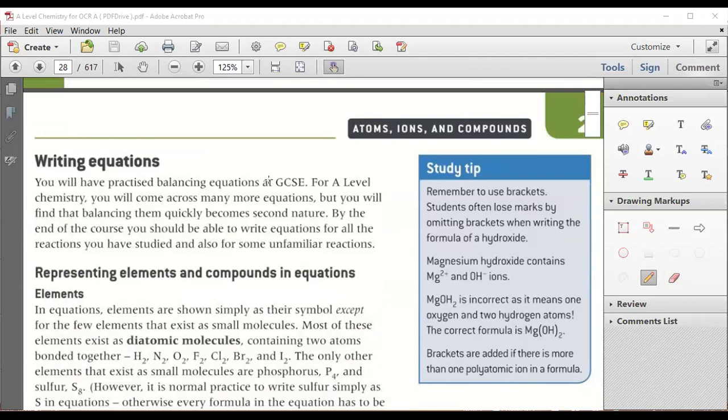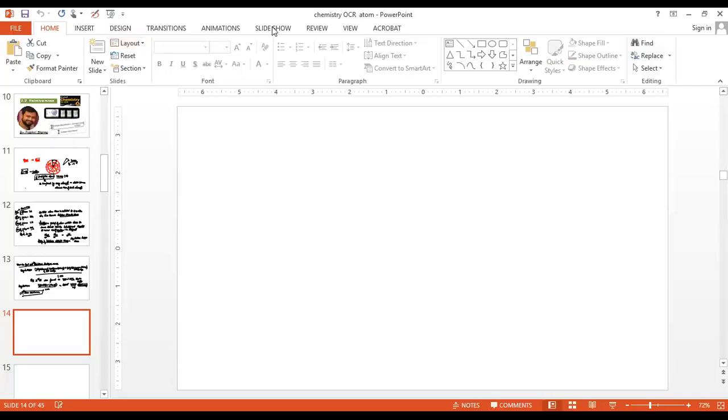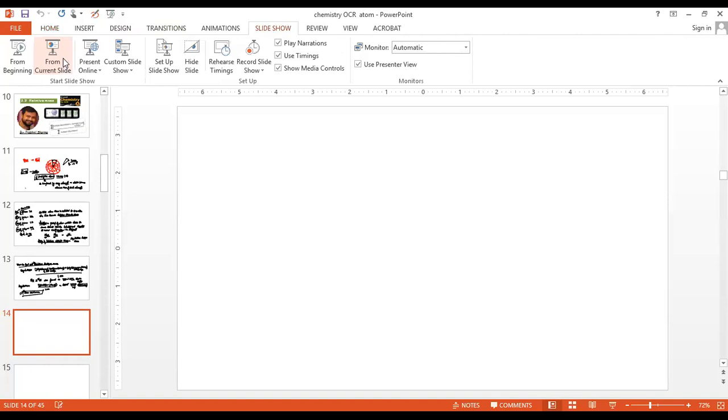Now, writing equations. If you remember, what are equations? First of all, the question is, what do you mean by a chemical equation? For this, I will open a PPT. The topic is chemical equation.